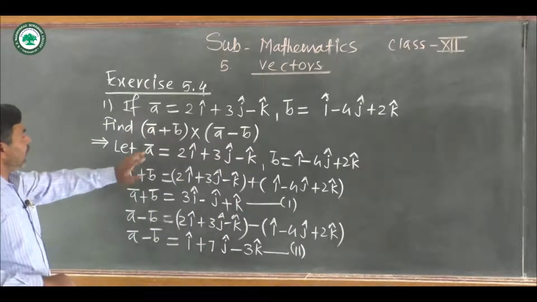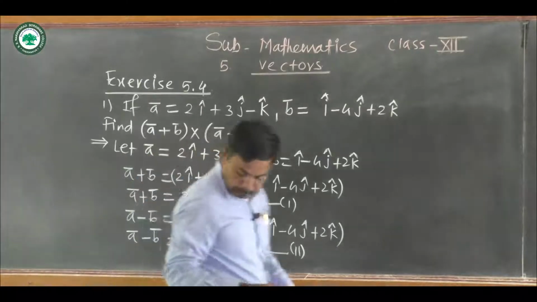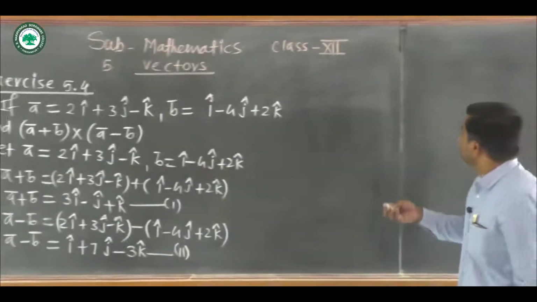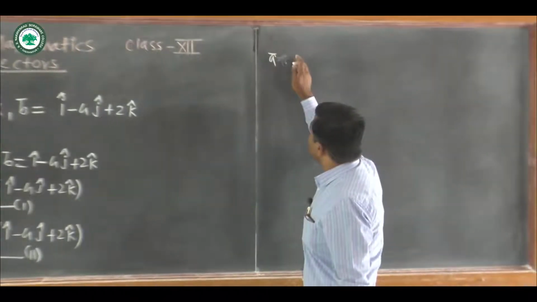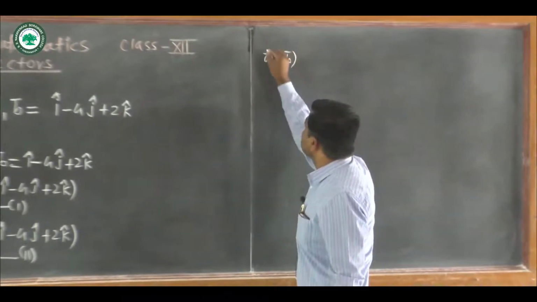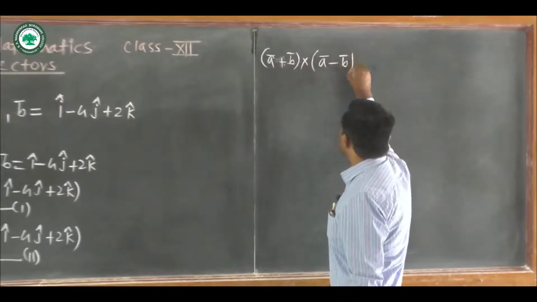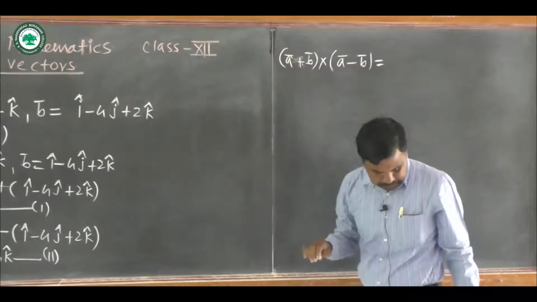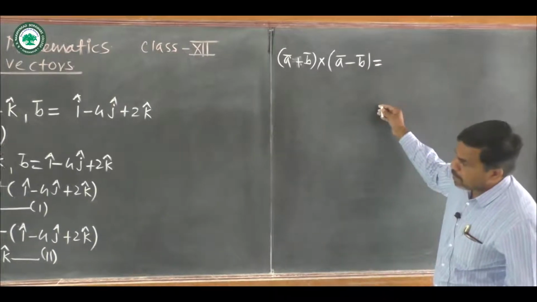Now we have to find the cross product of these two vectors. So a bar plus b bar cross a bar minus b bar is equal to, what is a bar plus b bar?